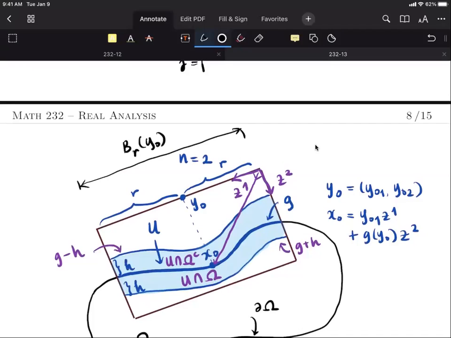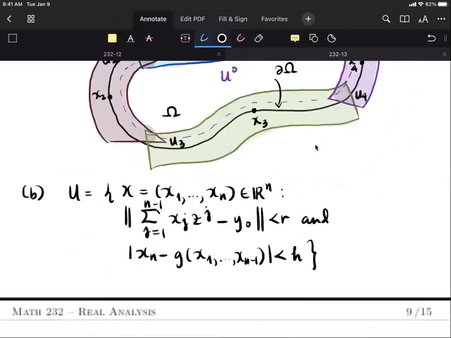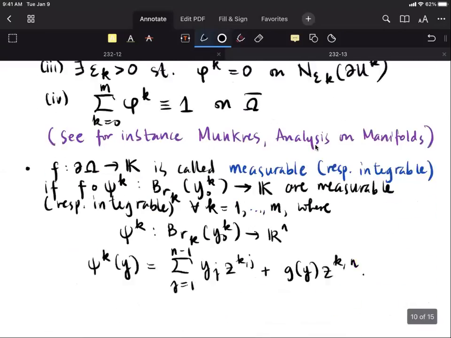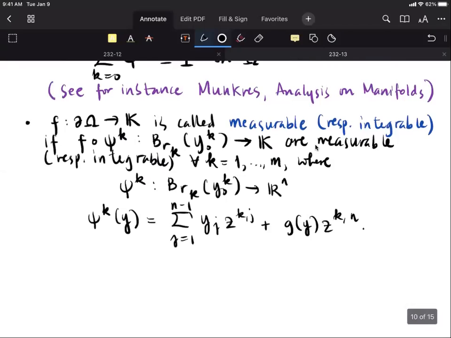Okay, so you do this for every ball in the parametrizations. So this is a function now in Rn, and we can talk about measurability. In particular, measurability with respect to the Borel sigma algebra.